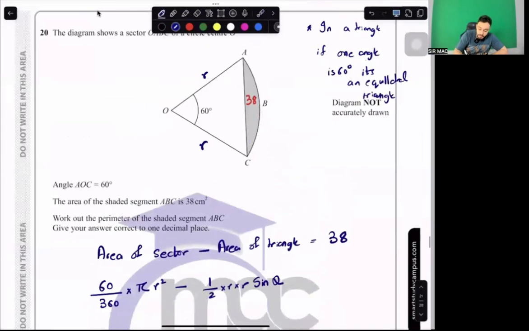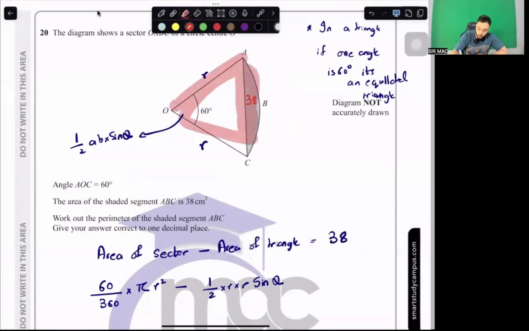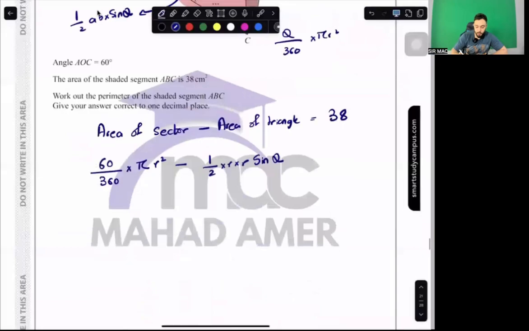So I'm going to do that for the whole area, the sector minus the triangle equal to 38, the area that's given. Now there's only one unknown, that's r. The angle theta is 60.